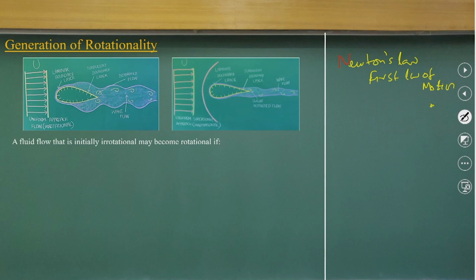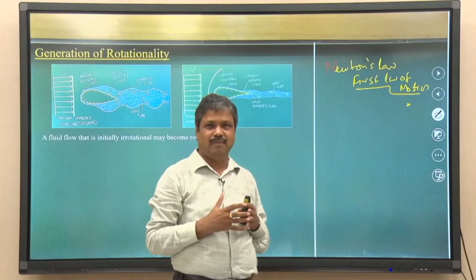If you can remember the first law of motion, it is the same concept we will talk about with rotationality, the generation of rotationality. Just try to understand it. What does Newton's first law say? Newton's first law says that a body remains at rest, or moves at a uniform speed in a straight line, unless an unbalanced force acts on it.